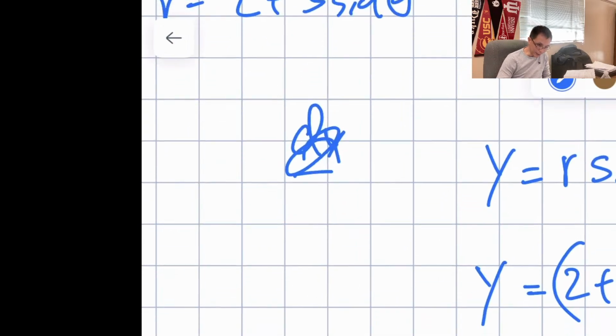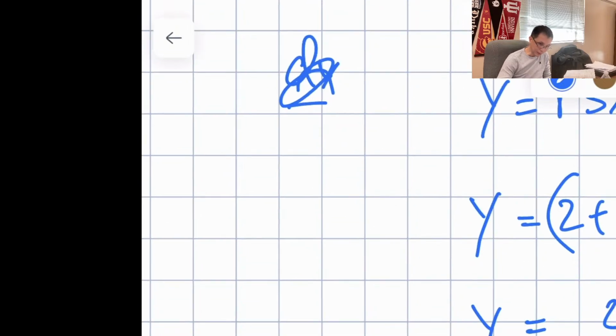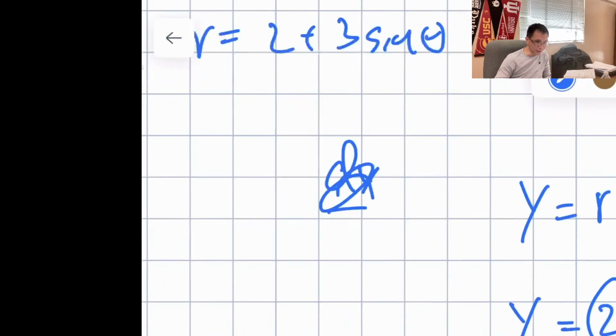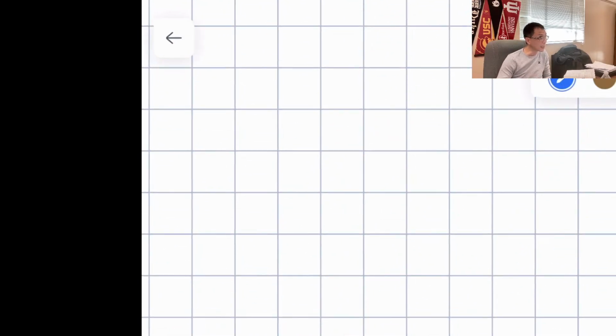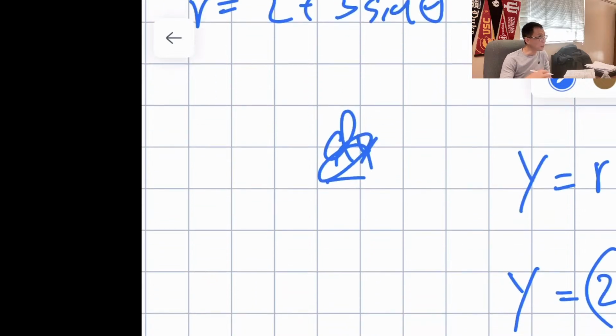Can I take out cosine theta? And that's equal to cosine theta times (2 plus 6 sine theta). And if dy d theta equal to 0, which is the top part, right? That's the horizontal tangent. If the bottom part is 0, it's going to be a vertical tangent. Is that okay?